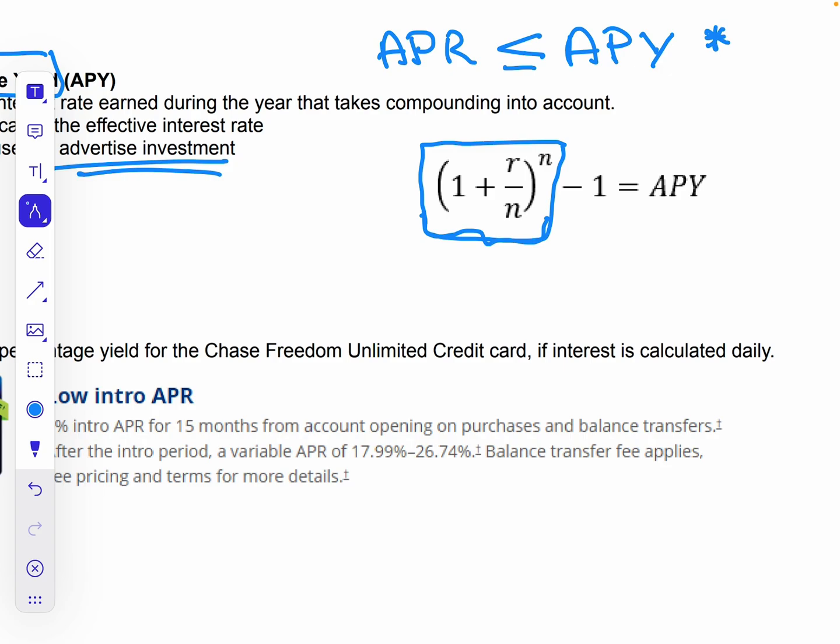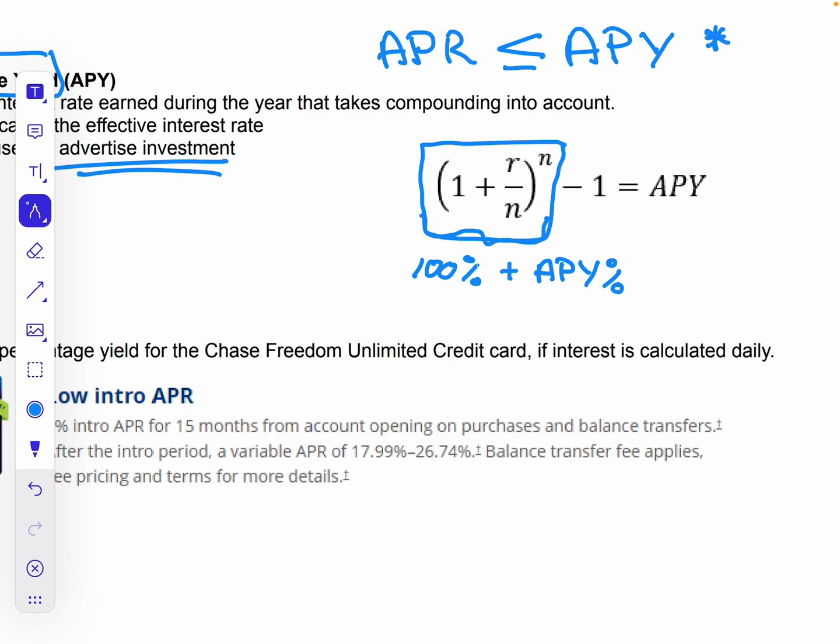Because the output of this is going to give me the 100% plus my APY percent. And we want just the APY percent. So that -1 takes out the 100%, just like when we were dealing with our exponential functions. There are some alternative forms to this formula. We will get into them in a future video. But for this particular case, when we're dealing with compound interest, we're just going to focus on this version.